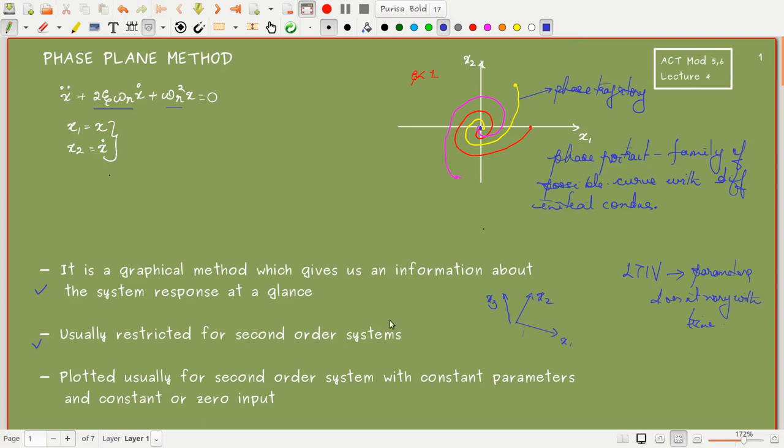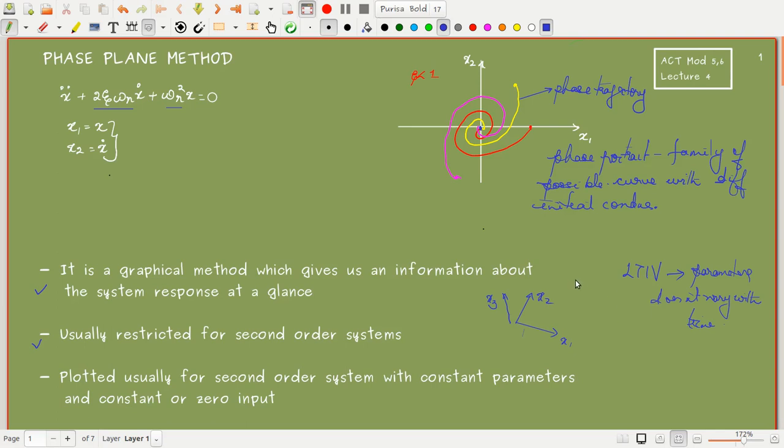So we will be considering systems with constant parameters and zero or constant input. These conditions are imposed because for systems which do not follow them, the trajectories may intersect at different points, so it becomes complex.